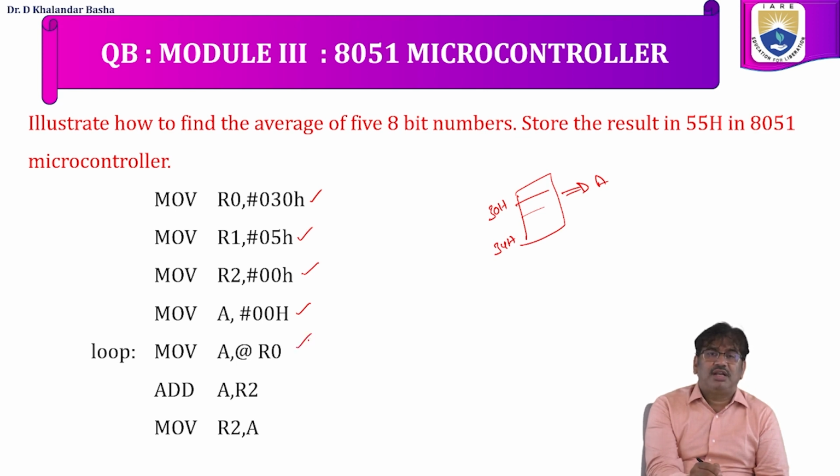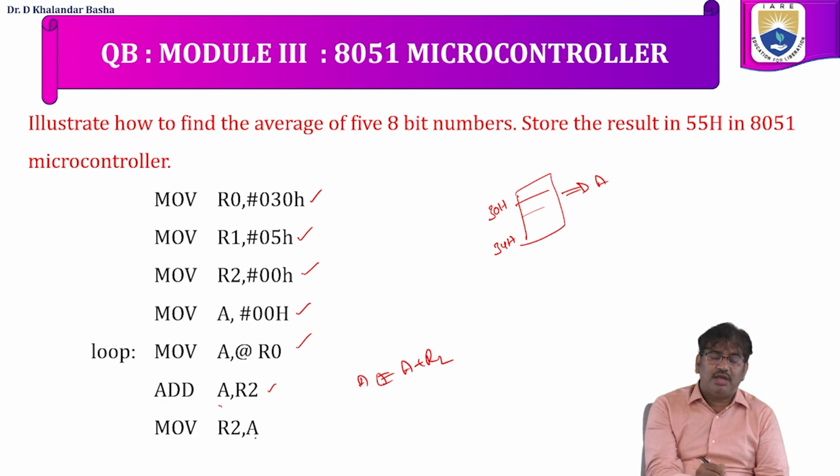Fetch the first data at the 30H location by using the instruction MOV A, @R0, where R0 will consist of the memory location which is 30H. Then add the contents of R2, which is cleared, or the previously added data, with the accumulator. After addition, the result will be there in the accumulator. So A is assigned with A plus R2.